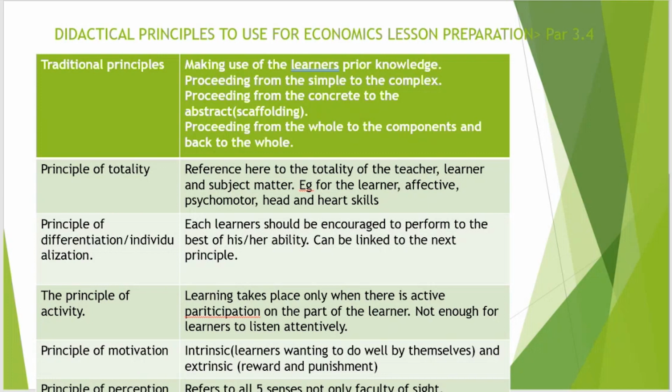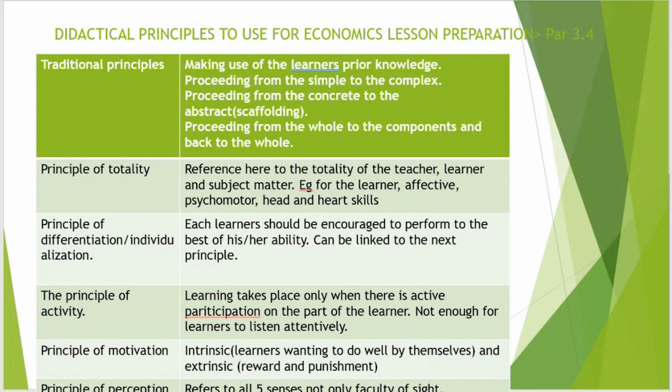We always start at the simple and then we go to the complex. Proceeding from the concrete and then to the abstract. The concrete is poverty. Where does it lead to? That is the abstract. It causes a lot of social problems, etc.